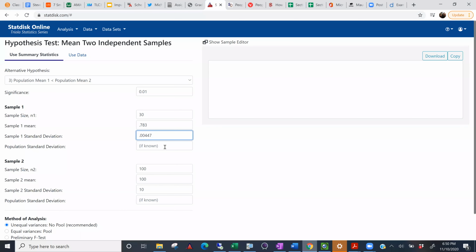What's nice and helpful here is they put if known, which I hope makes you feel a little bit more comfortable leaving it alone. We don't know that one. So the sample standard deviation goes here. Down here, we've got 30. And then, let's see, what else? 0.805. Sample standard deviation again, 0.00758.